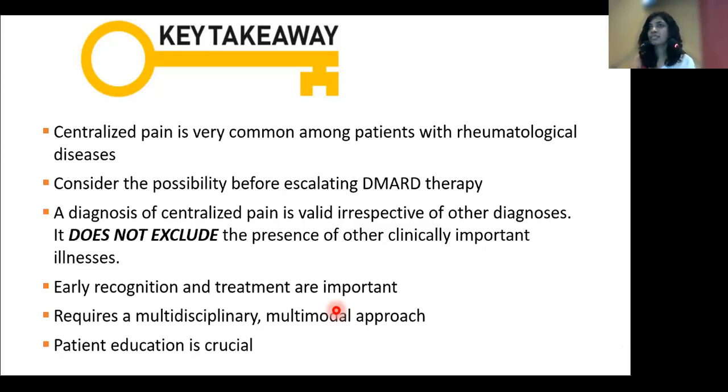It's valid irrespective of whatever other disease the patient may be having. But remember, that label does not mean any other clinically important diseases are also excluded. So we need to recognize it early, start treatment early, and quite often it will need a multidisciplinary, multimodal approach, and patient education is crucial.